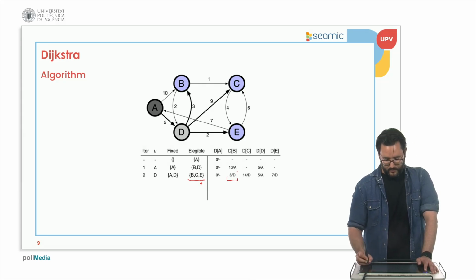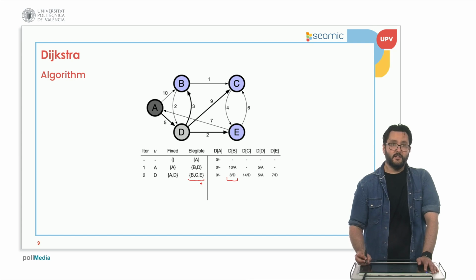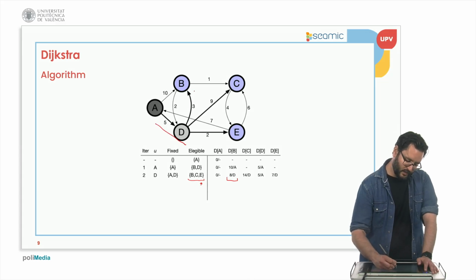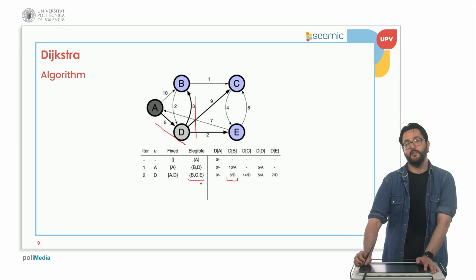Now, as we are fixing D, we can go to B through D with a better cost.